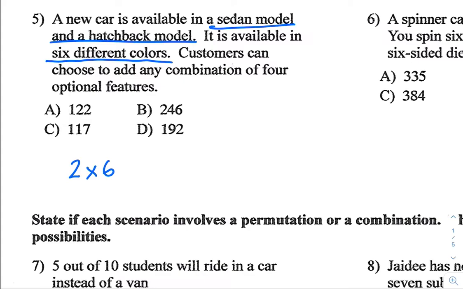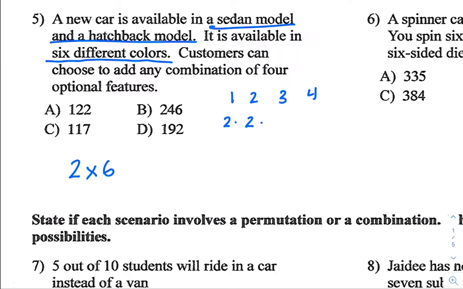So kind of imagine like this, you guys. You can say yes or no to each feature. So essentially, if there's feature 1, feature 2, feature 3, and feature 4, you can say yes or no, which means there are 2 options here. You can say yes or no to option 2, so that's also 2.